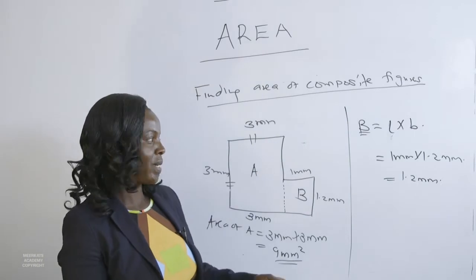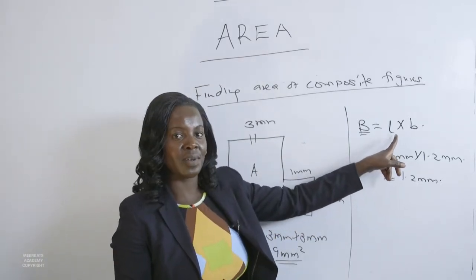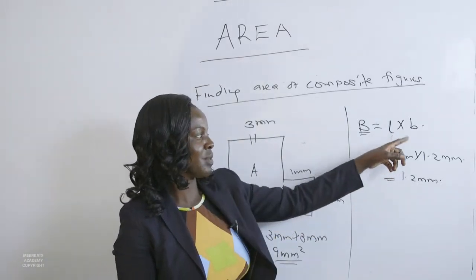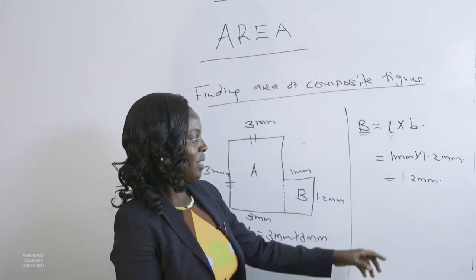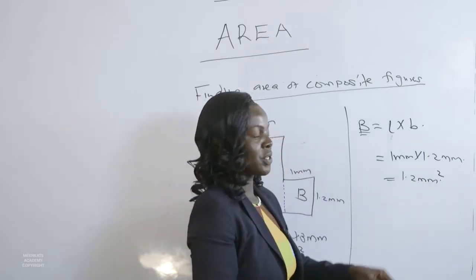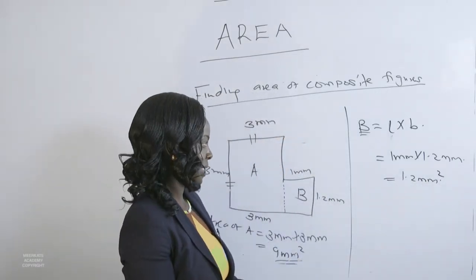So for B, we multiply using the formula of calculating the area for a rectangle, which is length times base, 1 times 1.2 millimeters, and that will give us 1.2 square millimeters.